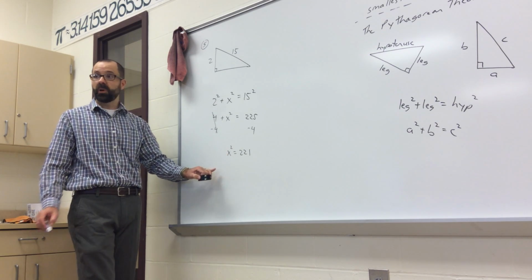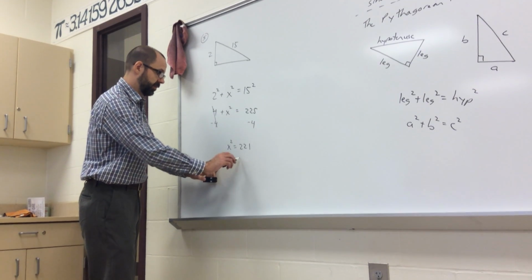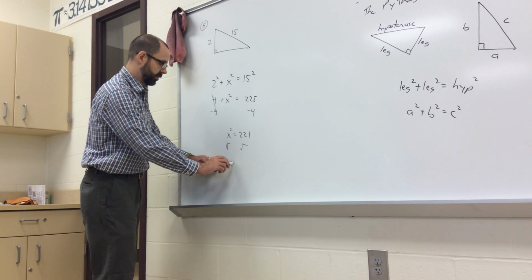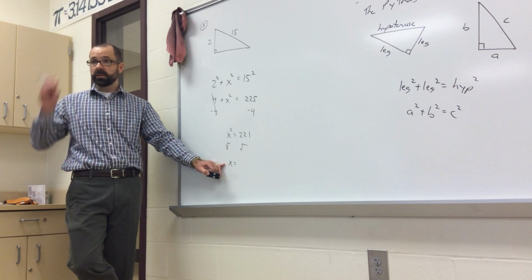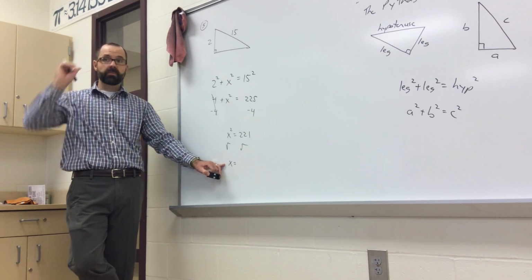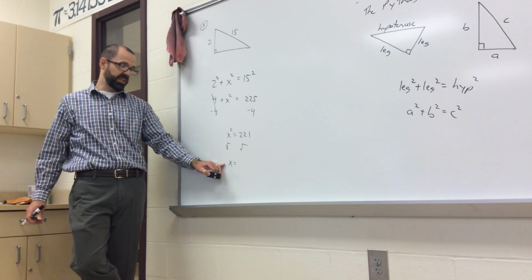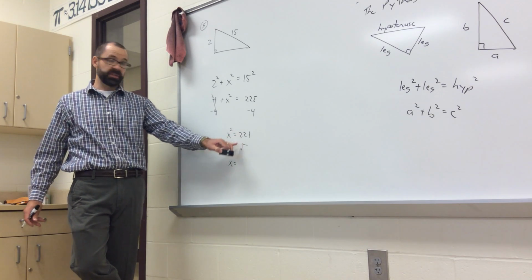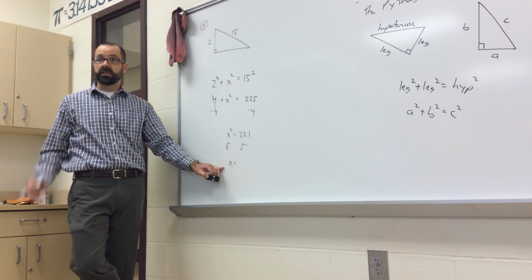And then to get rid of the square, you square root. So I heard some people pulling out their calculators, which is good because I don't know what the square root of 221 is. 14.866.